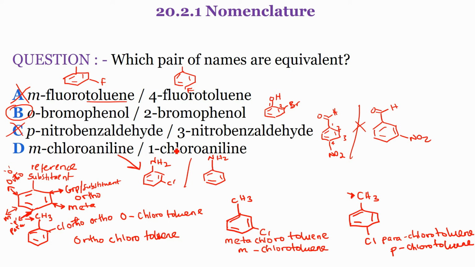In fact, this does not exist. If you put chlorine here, that carbon has too many, you have excess bonds. So it's not even a thing. So this is out. Okay, so yeah, the answer is B.